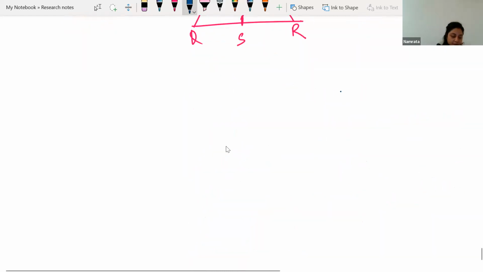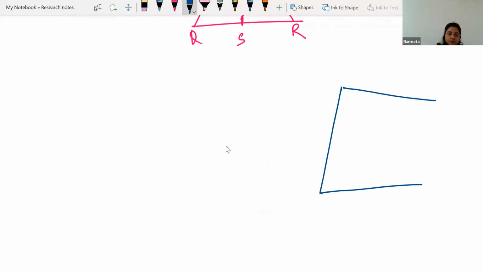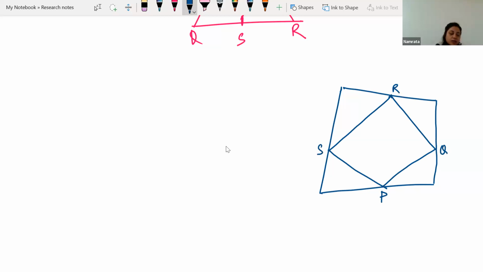So here we have a quadrilateral ABCD. ABCD is a quadrilateral in which P, Q, R, S are the midpoints of side AB, side BC, side CD and side DA.